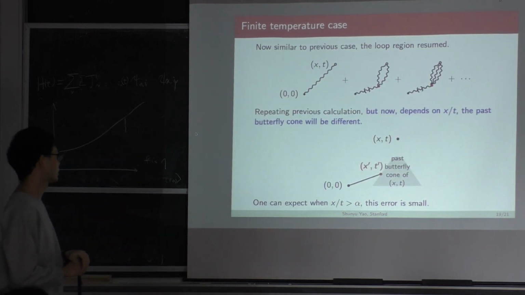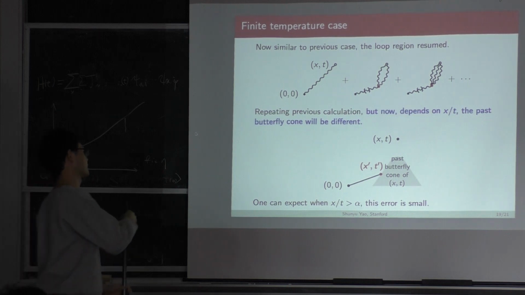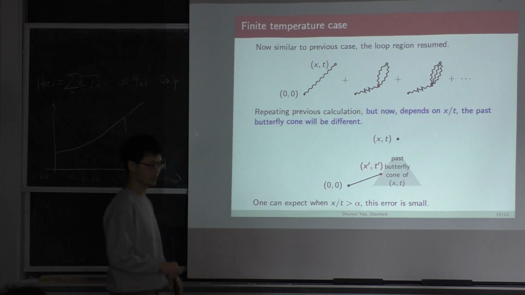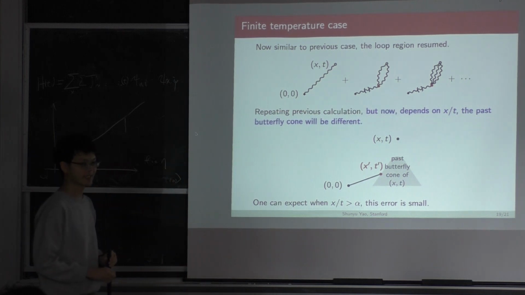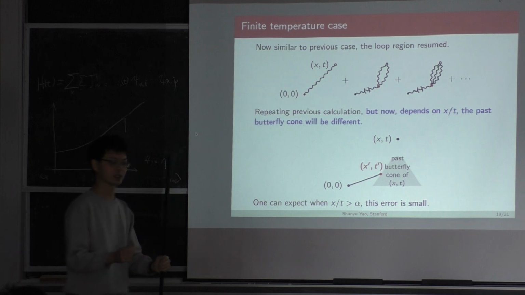Now we are ready to compute the same quantity, and the logic is basically the same. The only thing that changed is that now this past butterfly cone will be different, depending on the ratio between x and t. So when x over t is very small, this past butterfly cone is given by the saddle point dominant region.